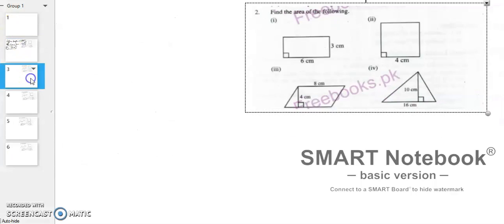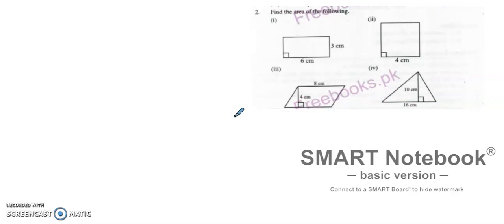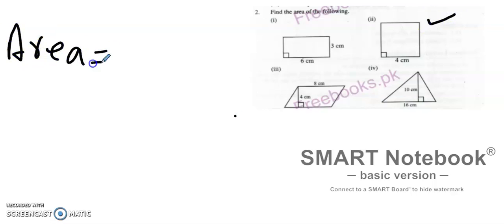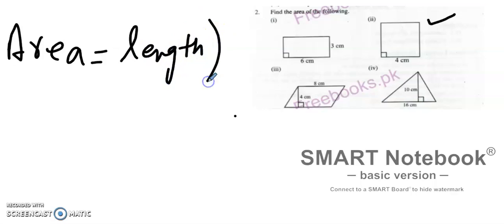Coming to the second part, this one, find the area of the square. So in this case, area will be equal to length whole square, as one length is given, that is 4 centimeter, and we know that all the 4 sides are equal.